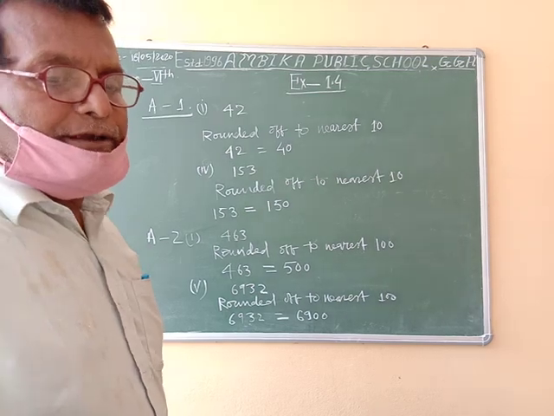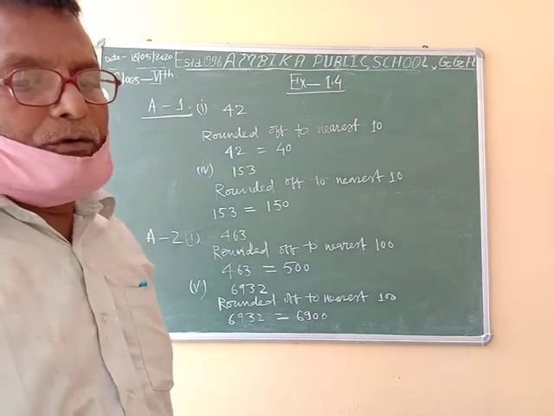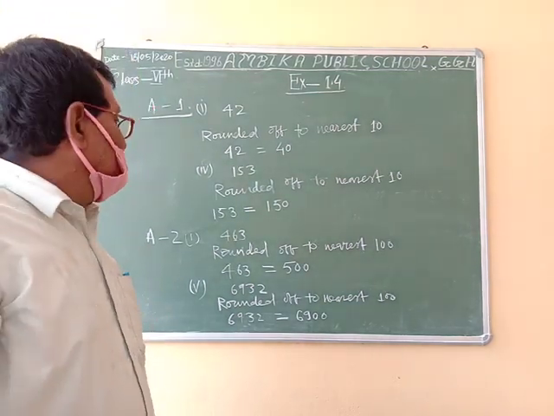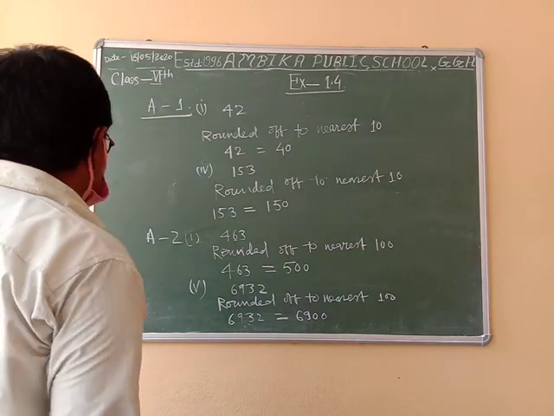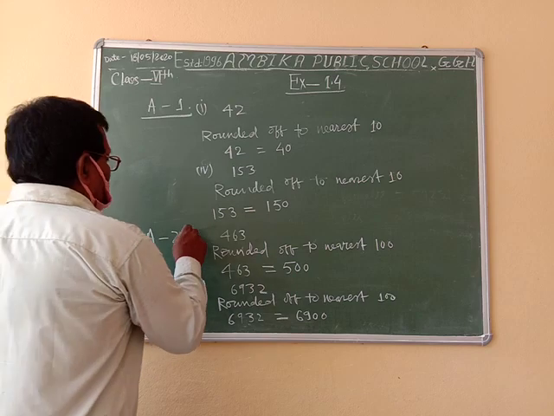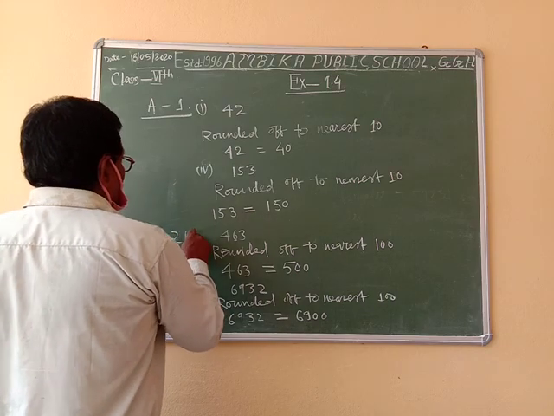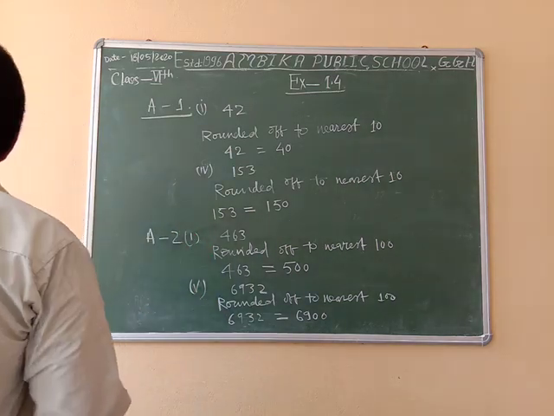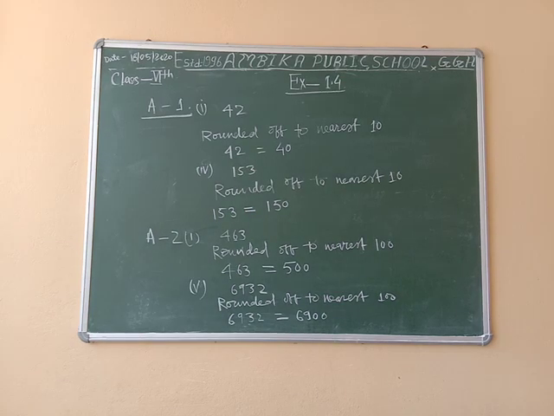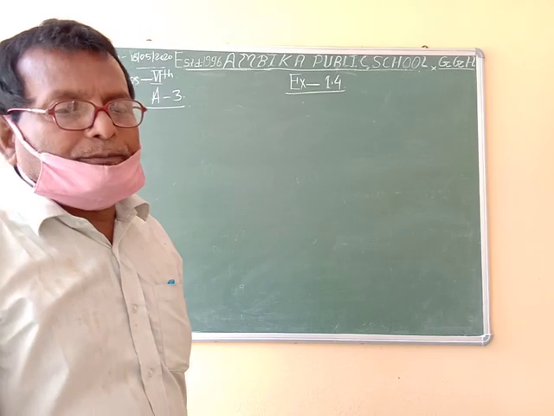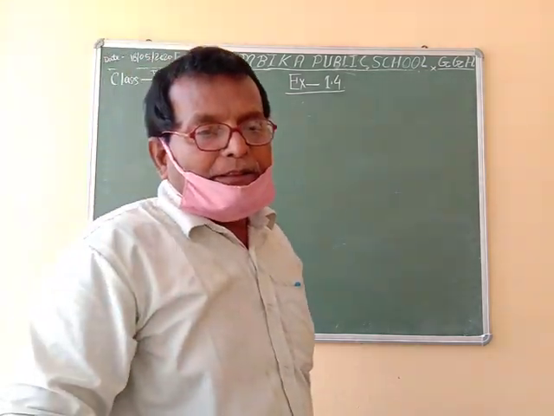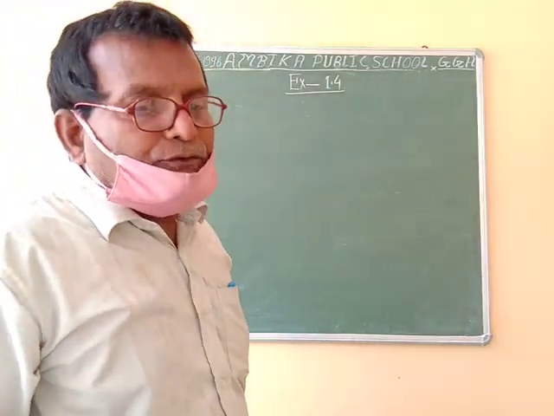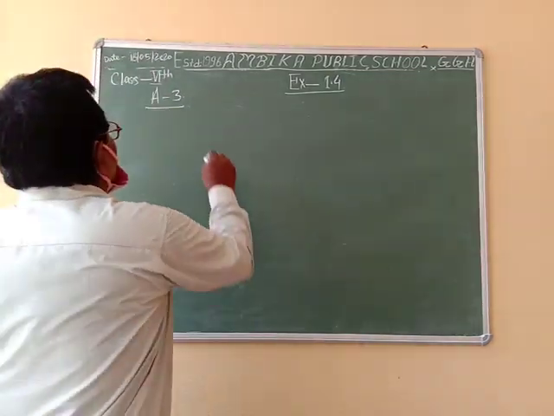And in question number 3, round off each of the following numbers to the nearest thousand. So I am going to solve one problem of question number 3. The given number is 6139.